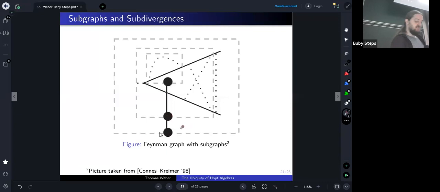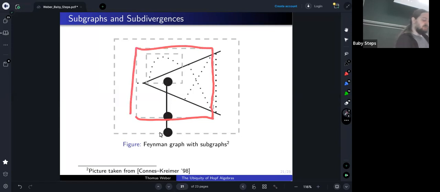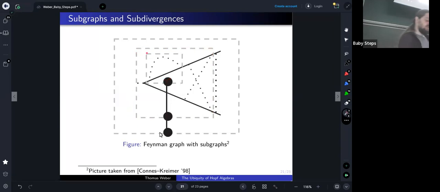Like here, you can see this vertex corresponds to the subgraph here, that is only part of the whole Feynman diagram. And this one here is just the smallest one.